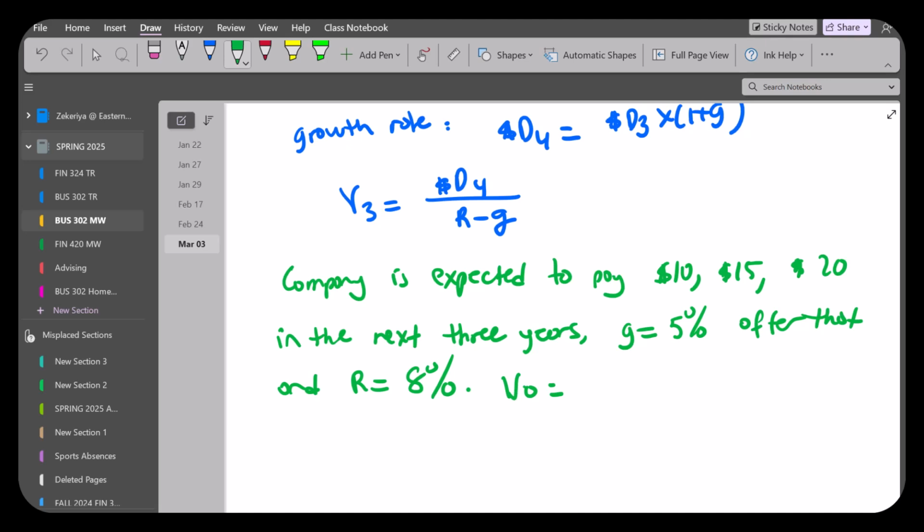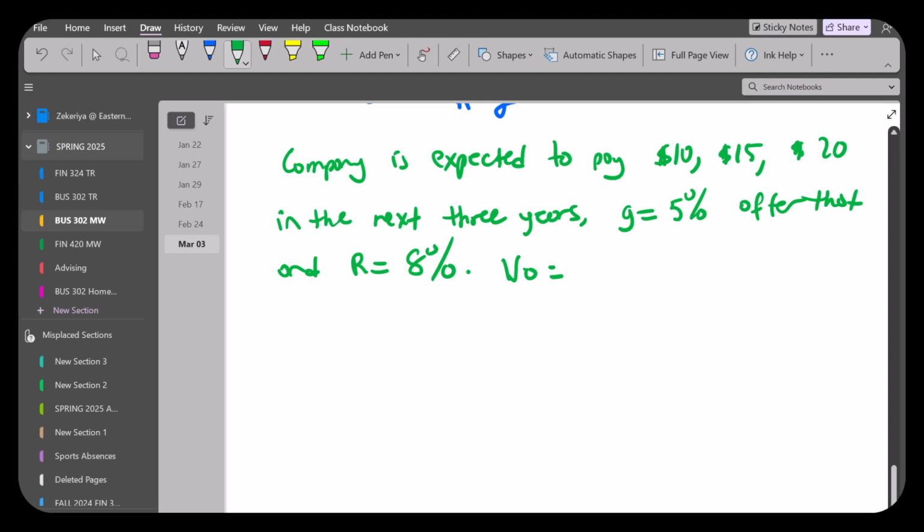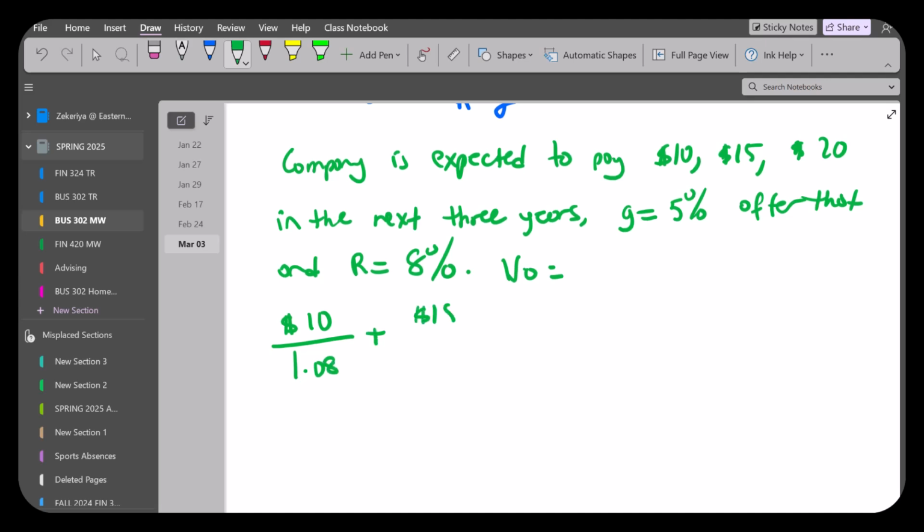First, I'm going to do it manually to kind of show you the mechanics. Then we're going to implement this in the template. So you know what these are? $10 divided by 1.08, I'm sorry. $15 divided by 1.08 squared. $20 divided by 1.08 cubed.